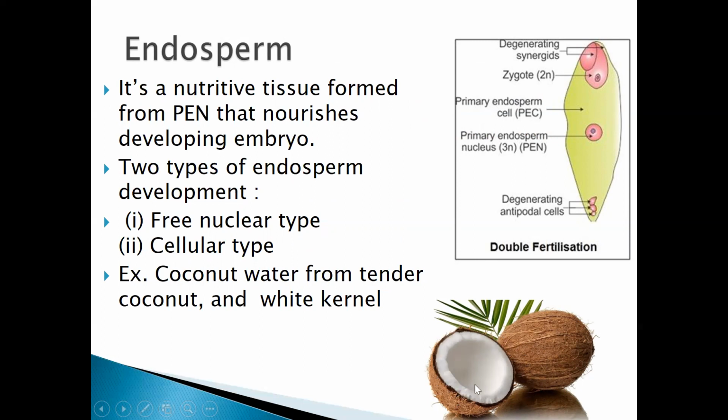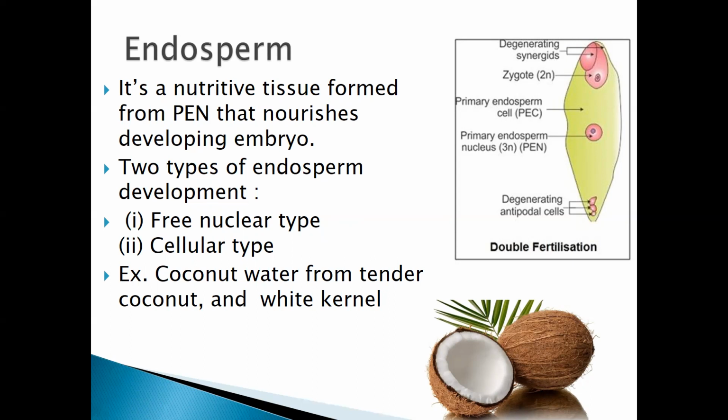And how is this nutritive tissue formed? It is formed from the primary endosperm nucleus, that nourishes the developing embryo.